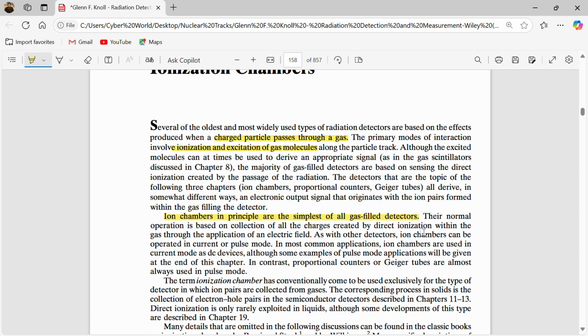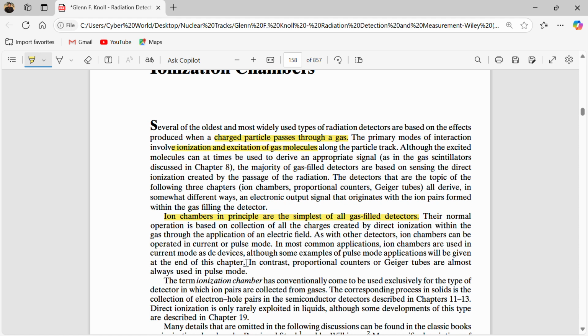In common applications, ion chambers are used in current mode as a DC device. Although some examples of pulse mode applications will be given at the end of this chapter, we can briefly discuss those.